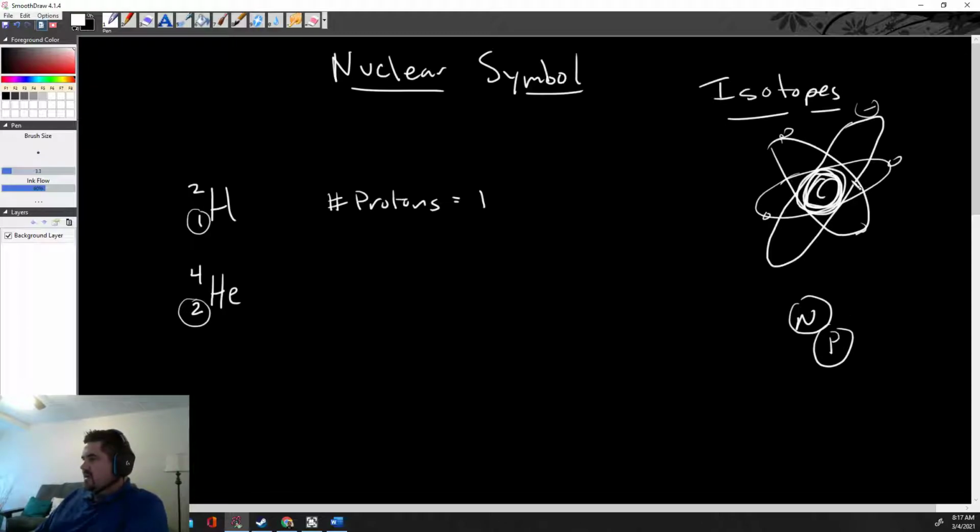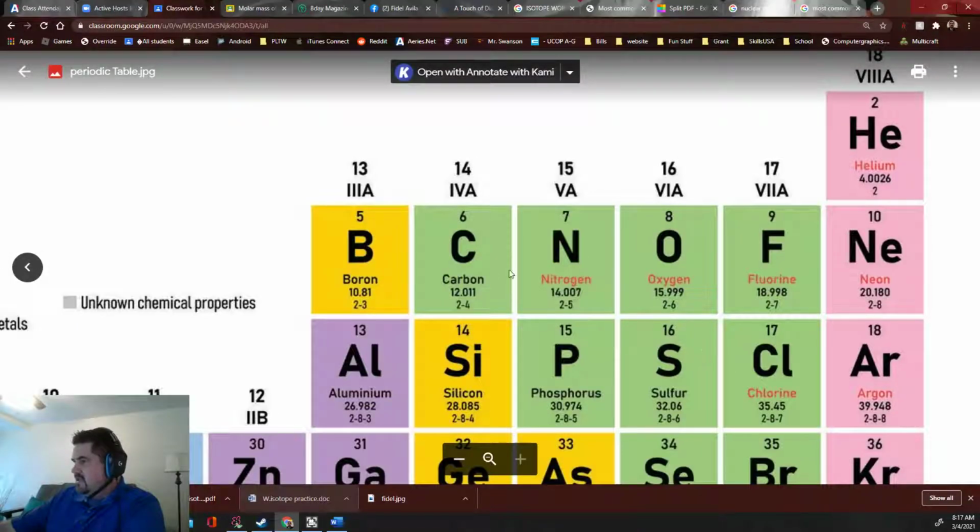The number of protons determines what element it is. I don't care how heavy the whole thing is. If it has 1 proton, it's hydrogen. If it has 2 protons, it's helium. And if it has 6, it has to be carbon.